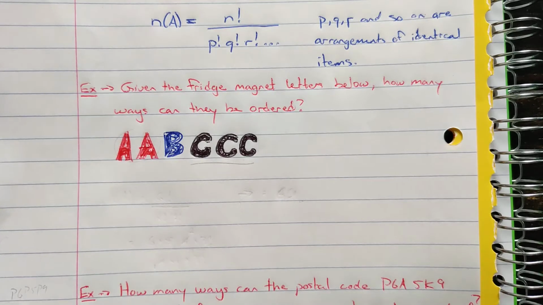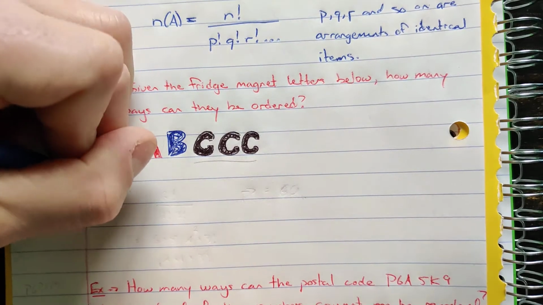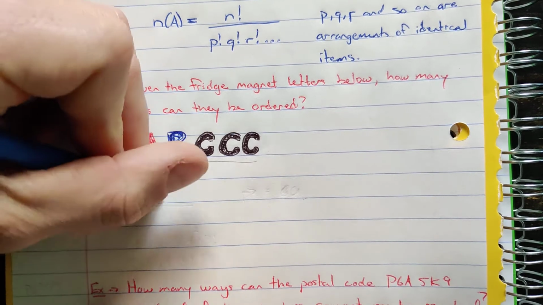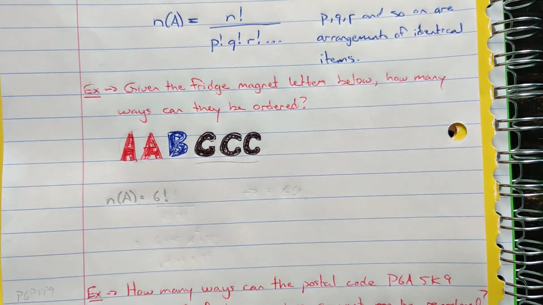If I have these fridge magnets here, and while my drawings may not look exactly the same, if you had fridge magnets that were these letters in the same colors, they would look exactly the same. So given these fridge magnets, how many ways can they be ordered? Well, we have 6 fridge magnets. If they were all different, the number of arrangements would be 6 factorial.